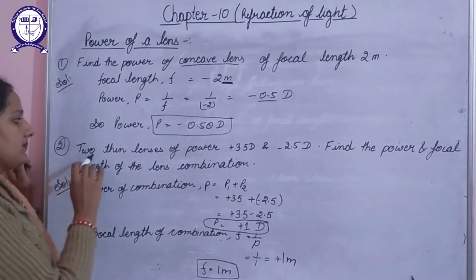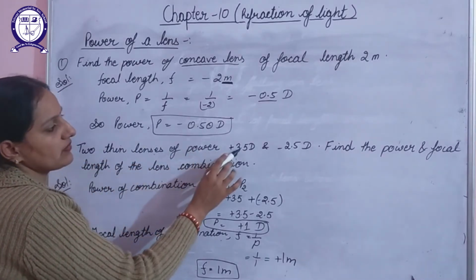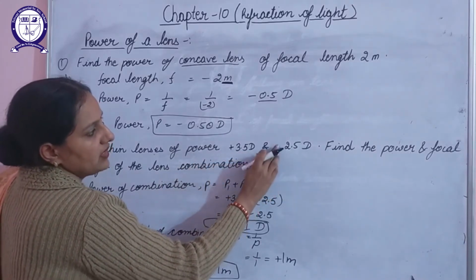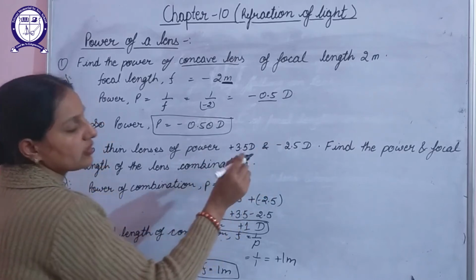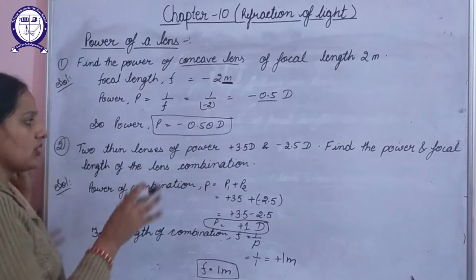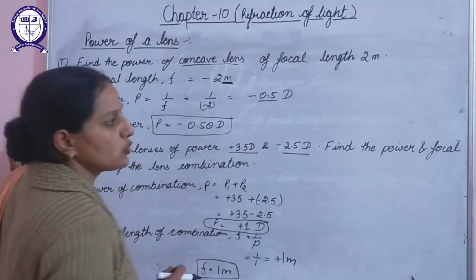Second numerical: two thin lenses of power 3.5 diopter and -2.5 diopter. Find the power and focal length of the lens combination. You have two lenses, one with power 3.5, the other -2.5.